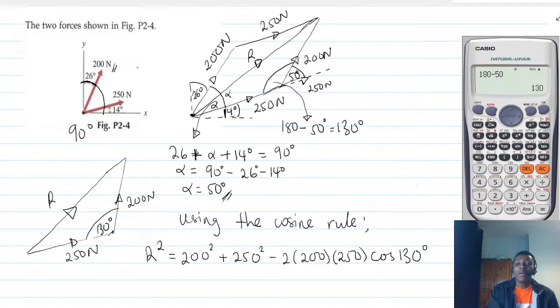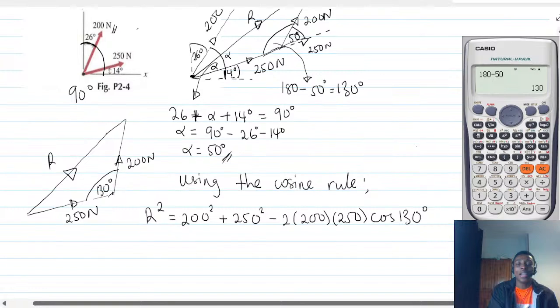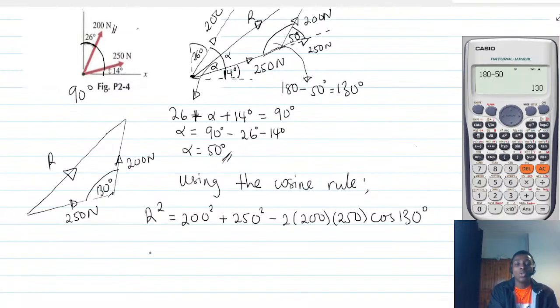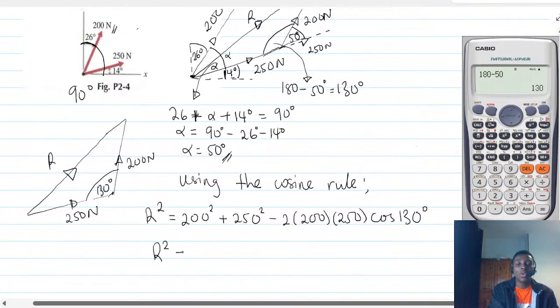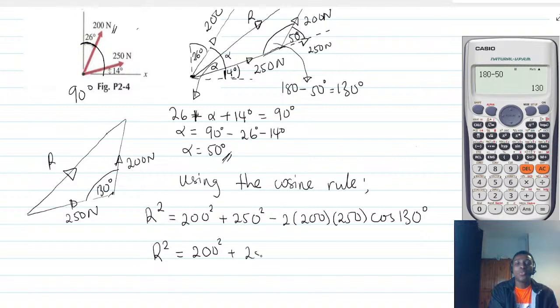All right. Now one thing that I want you to also understand is that if you are interested in just the magnitude of the resultant, you could also use 200 squared plus 250 squared minus 2 into 200 into 250.